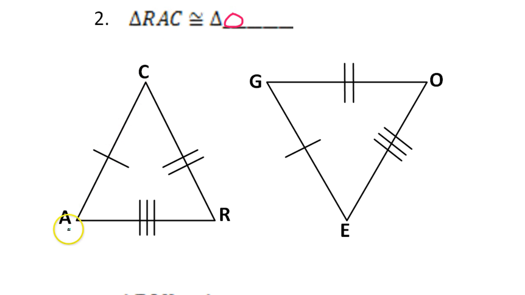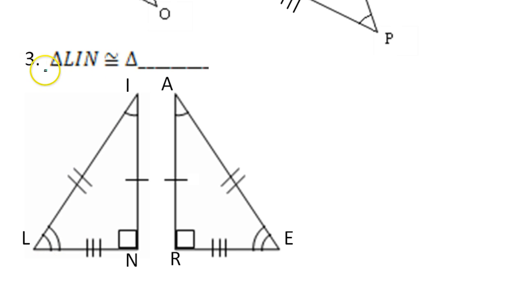Angle A is formed by the single and the triple. So here the single and the triple, that's E. And that leaves C, which is formed by the single and the double. The single and the double, that's G.